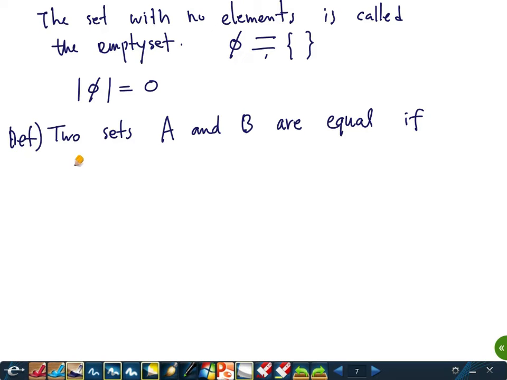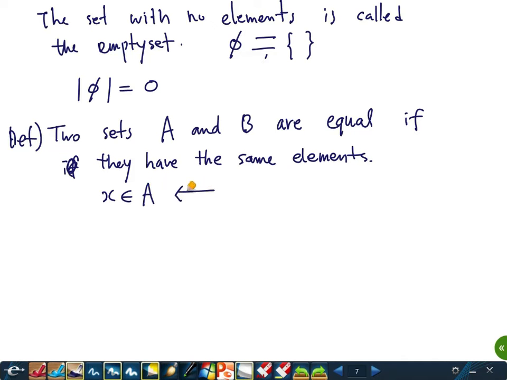If they have the exact same elements. In other words, X is in A if and only if X is in B. If this is true for every X, then they are the same set.